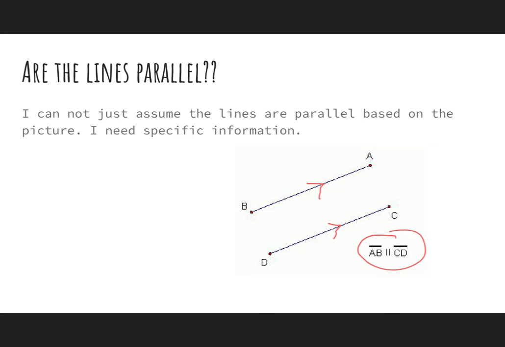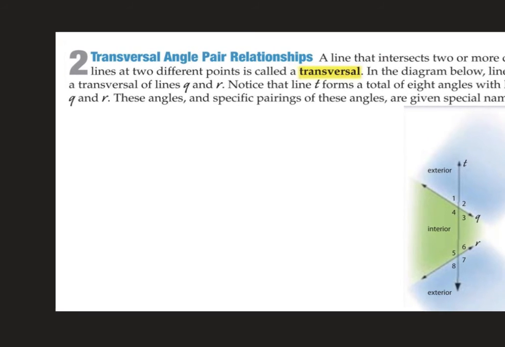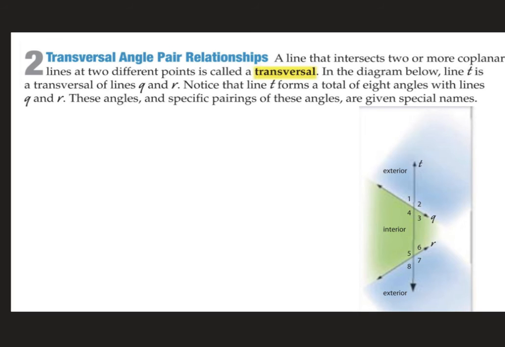So another special relationship we're going to see is we're going to deal a lot with parallel lines. And in these parallel lines, we're going to have something called a transversal. So if my lines, line AB and CD, are parallel, I'm going to draw the little arrow.